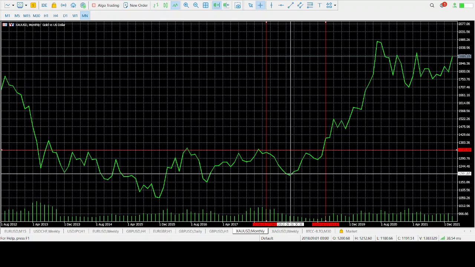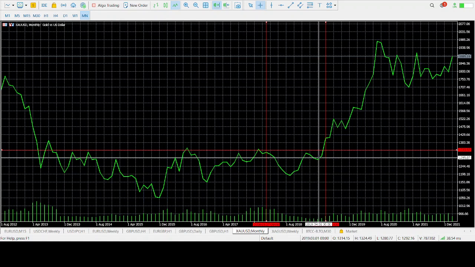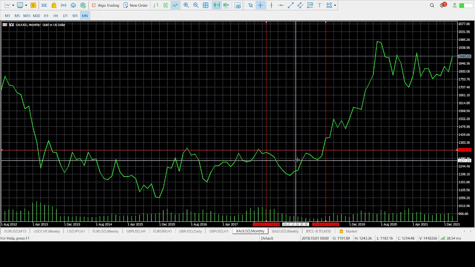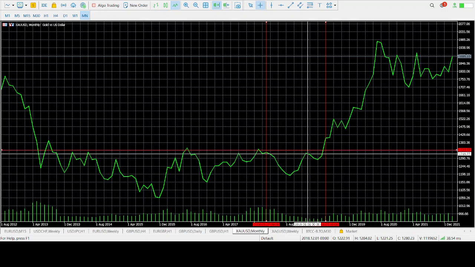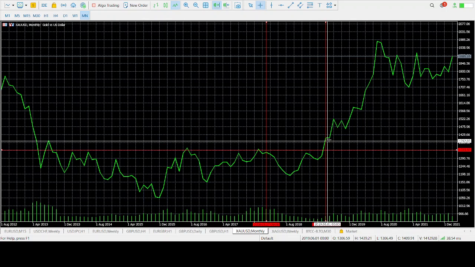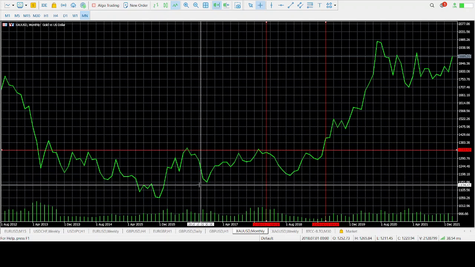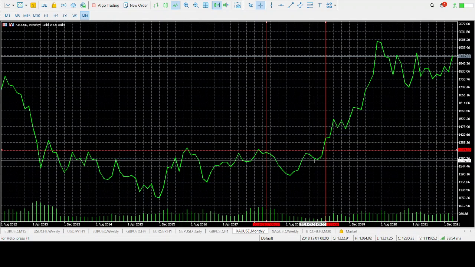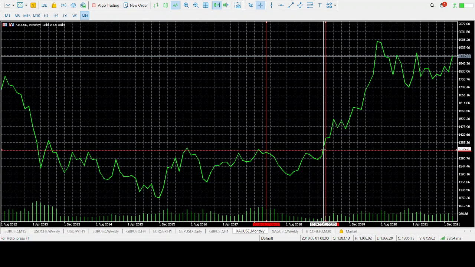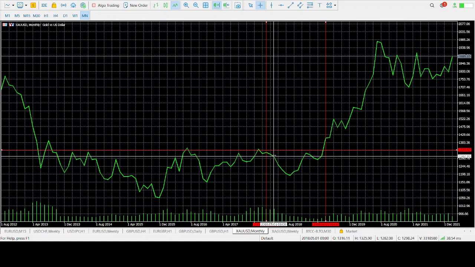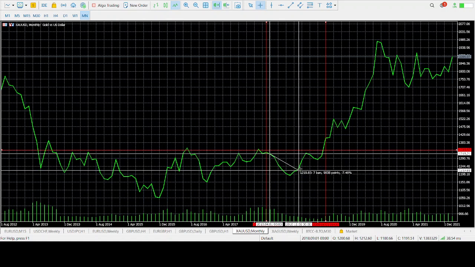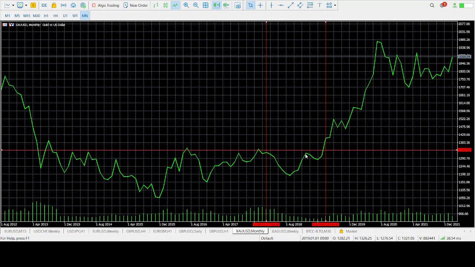We have a bottom, and then we have smaller reversals, smaller bounces, and the price is going up after that. So the price is going up, and here we have a bit of a consolidation move, and the price will go up. We can see clearly this looks like a cup, and this looks like a handle. That's why it's called the cup and handle pattern.